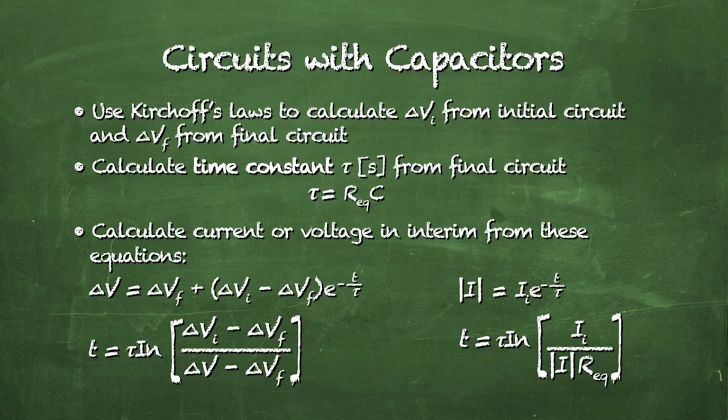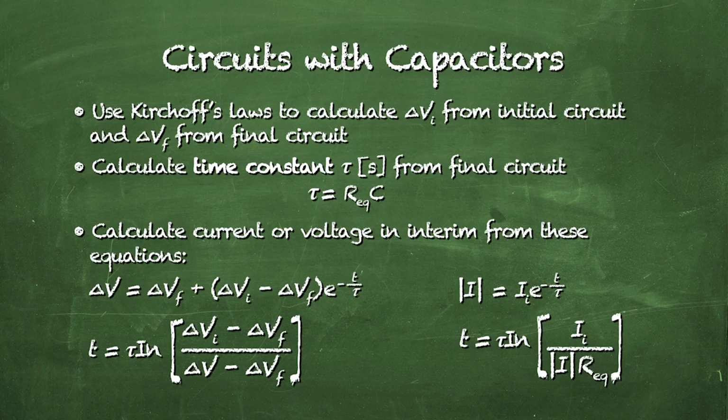And then we can invert these two equations to find time: time is equal to tau times the natural log of delta V initial minus delta V final divided by delta V minus delta V final. So delta V is the voltage at time t, an intermediate voltage between delta V initial and delta V final.